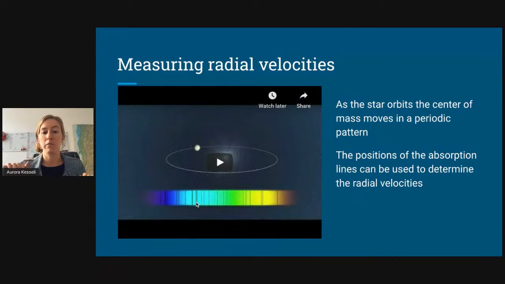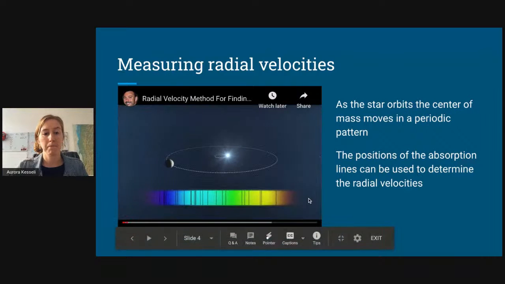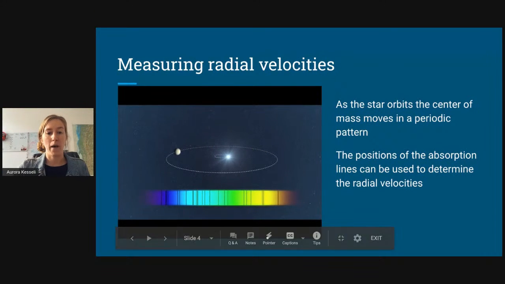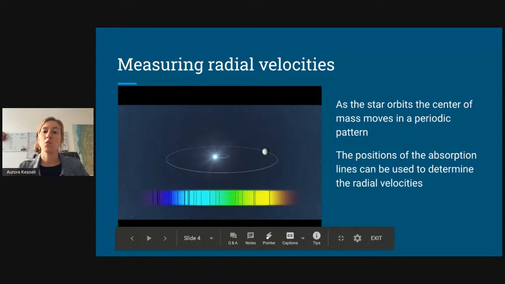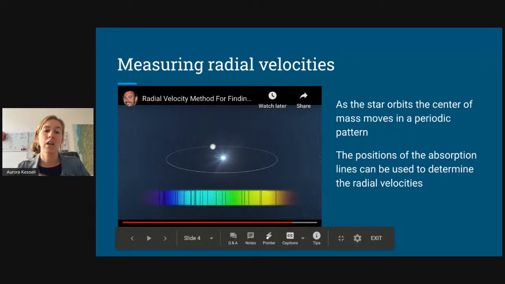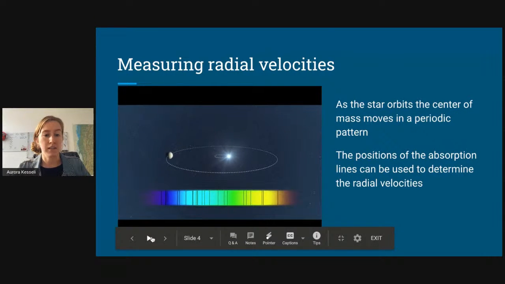And as the star moves away from us, I'll play this again. As the star moves away from us, the lines are going to the red. As the star moves towards us, the lines are moving into the blue. Now the lines are starting to move back into the red. And so by measuring the shifting positions of the absorption lines, we can determine the radial velocities, which then allows us to determine masses.